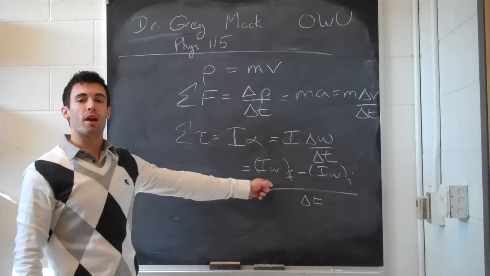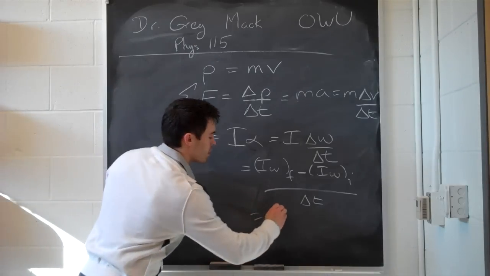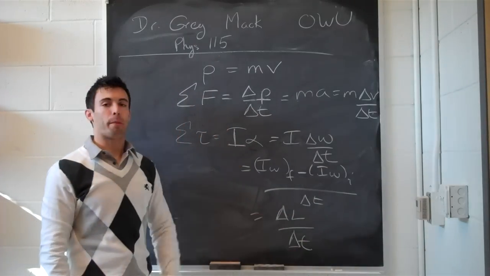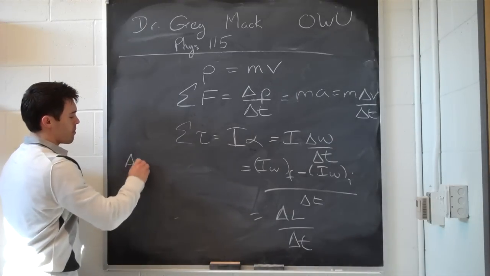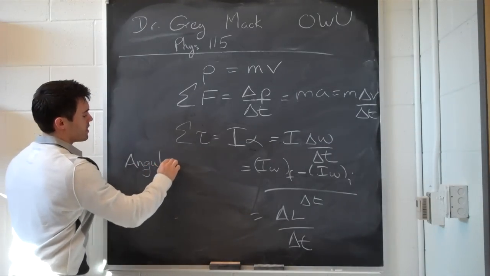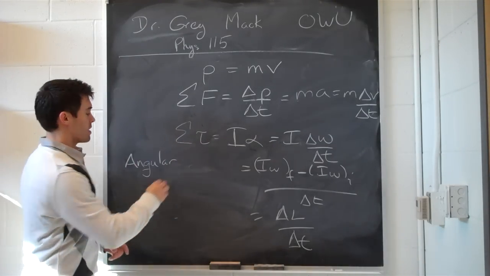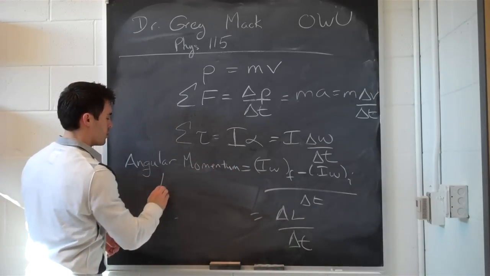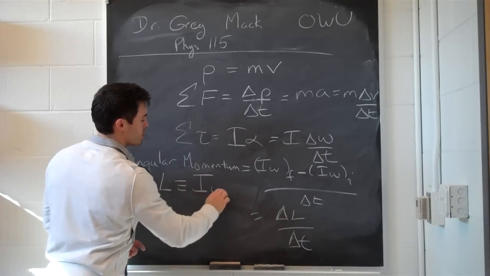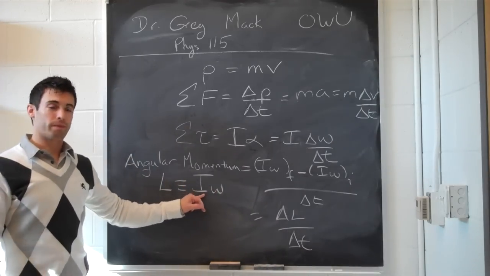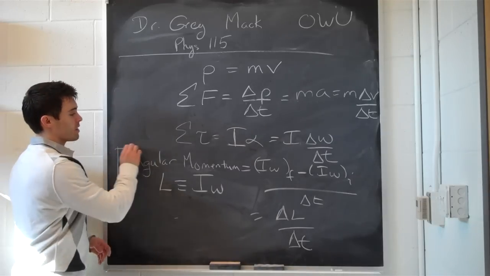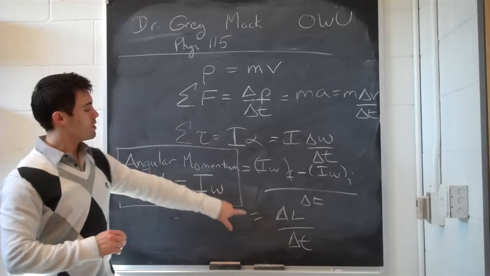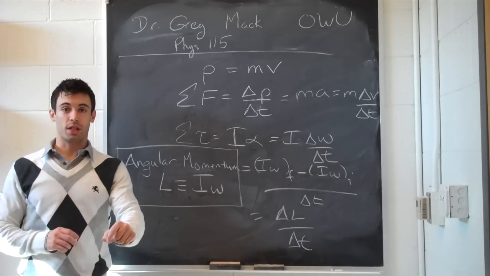And we call that I omega L. It's given the letter capital L. So the angular momentum then, which is the angular analog to our linear momentum, is L, which is our moment of inertia times our angular velocity. So that means that the sum of our torques is equal to delta L over delta T.